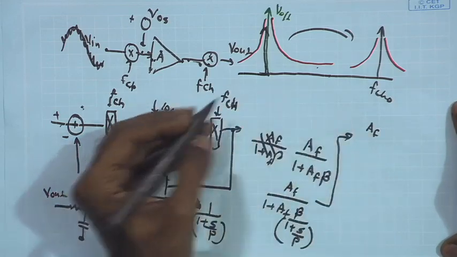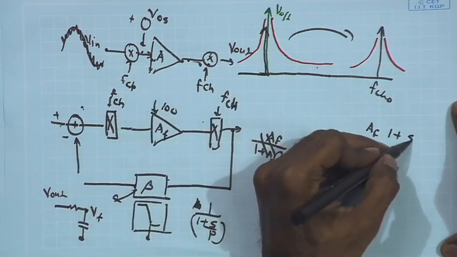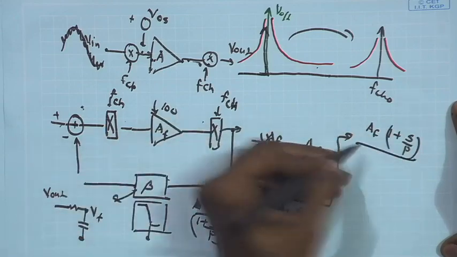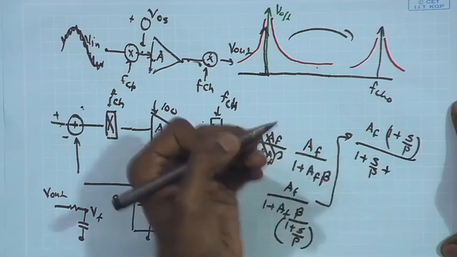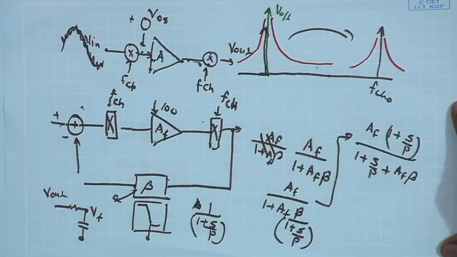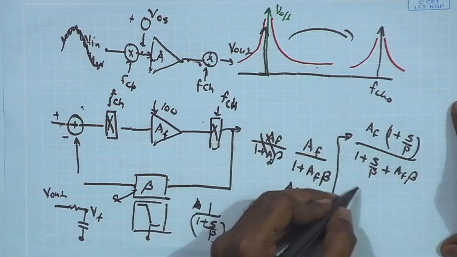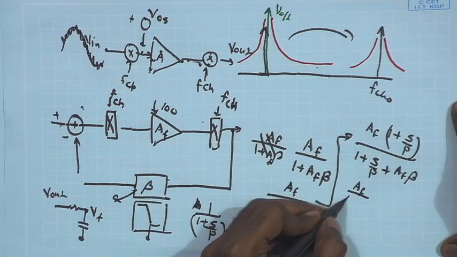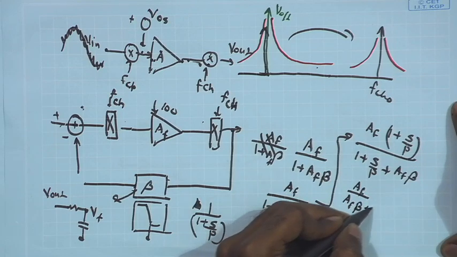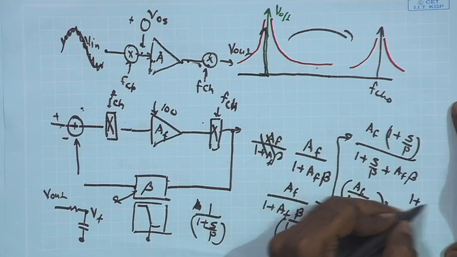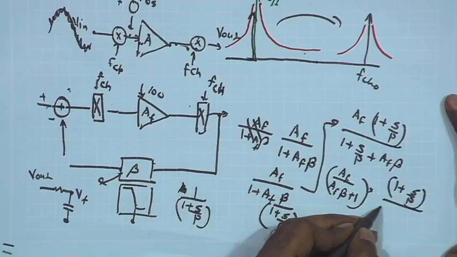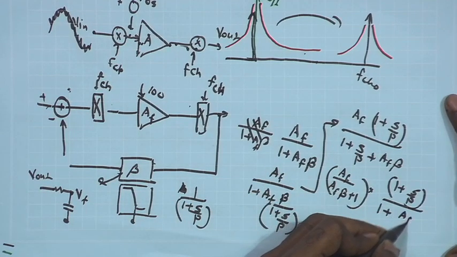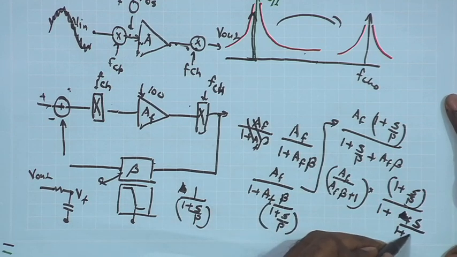So, I can take out AF, and you have the same function 1 plus s upon p coming over here, and then you have 1 plus s upon p plus AF beta. And then if I take 1 plus AF beta out, you have AF upon AF beta plus 1 times 1 plus s upon p upon 1 plus s upon 1 plus AF beta.